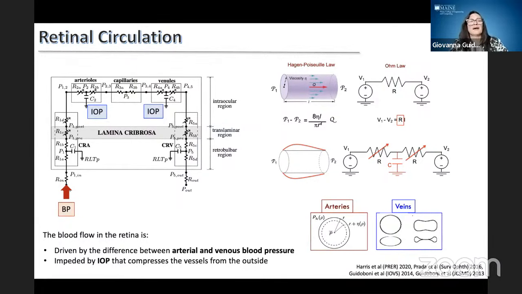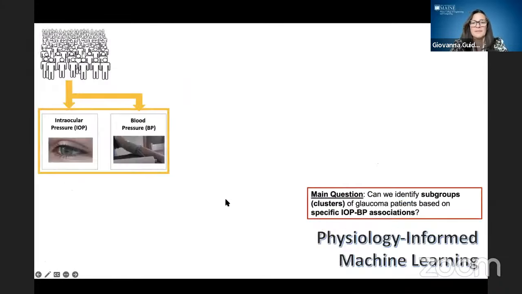I want to point out that there are some arrows here on the arterioles and the venules, and basically they embody the fact that arteries and veins behave differently under a transmural pressure difference. In particular, the arteries are stronger, they have a thicker wall and a higher pressure inside, whereas the veins tend to collapse because they are thinner and the pressure inside is smaller. So actually this model is highly nonlinear, especially for the behavior in the veins.